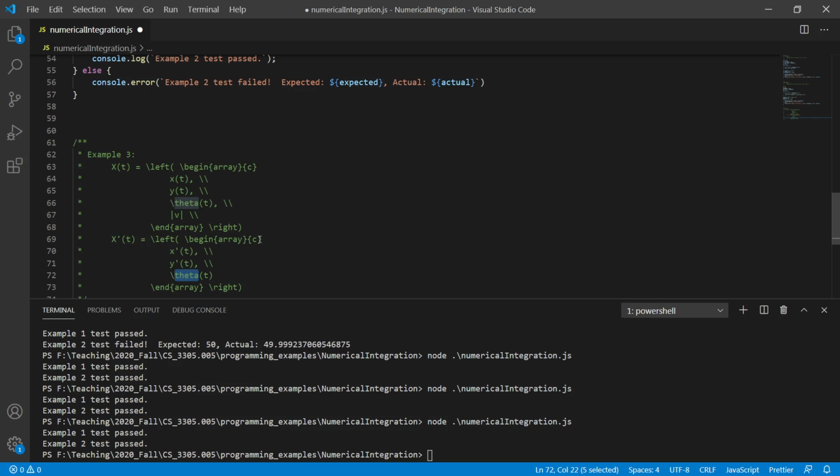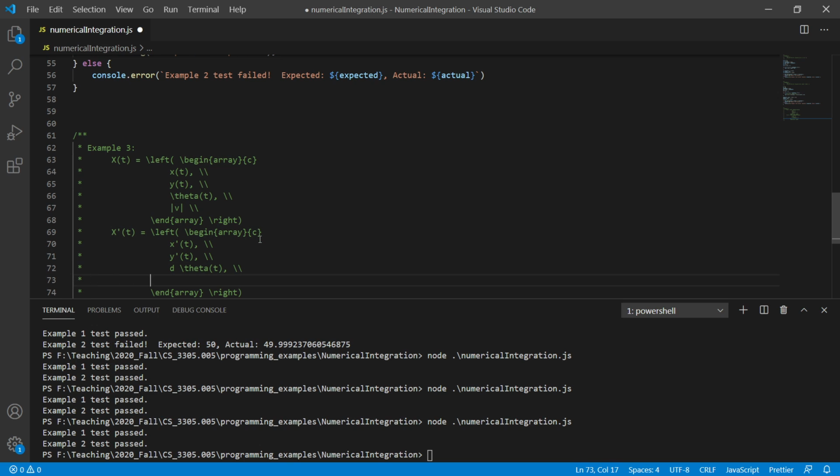No, sorry, this is actually omega of t. Well, whatever. So angular velocity is the change of theta with respect to time, right? But whatever, it's the radial velocity or the angular velocity at that point.